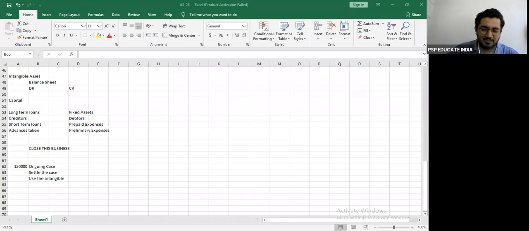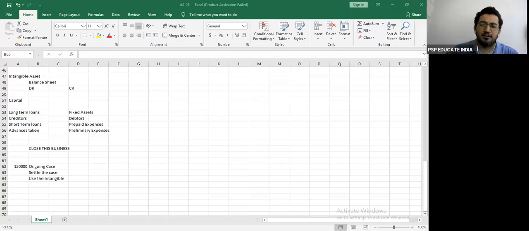Next case, you started using it, and later someone filed a case against you. Now the expenditure you are going to incur on that case, will you do it to obtain or maintain? Will you do it to obtain or maintain? You will of course do it to maintain. Now because you are doing this expenditure to maintain, this is a revenue expenditure.